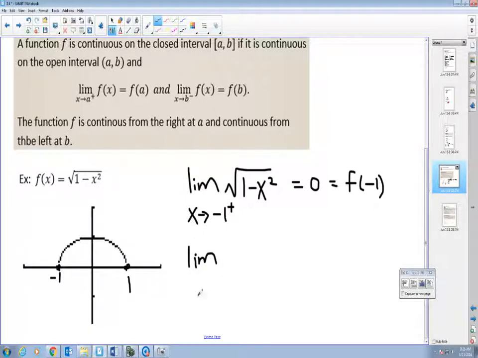Now let's look at the limit of this function, the square root of 1 minus x squared, as x approaches +1 from the left-hand side. We notice that the limit will also be 0 again. At the same time, if I substitute 1 into the function, the y value will be 0.